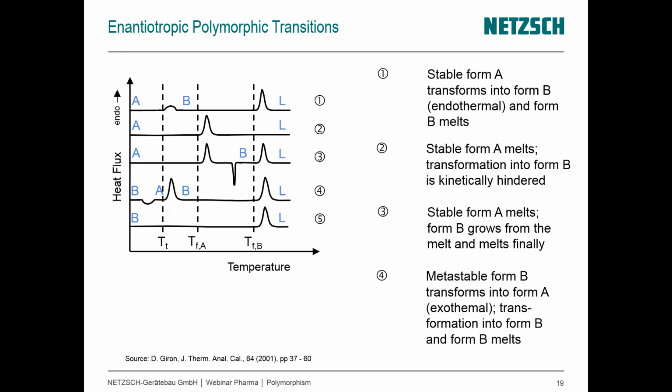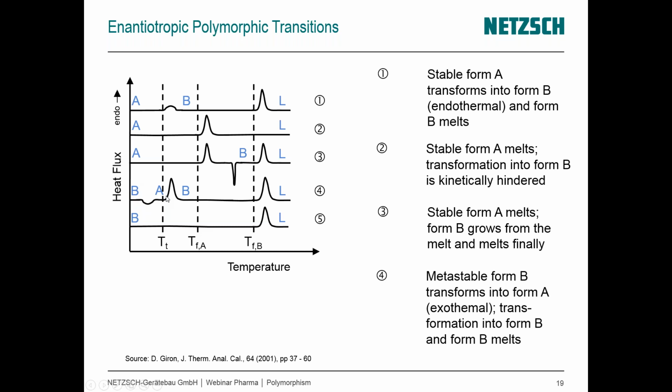If we look down to this fourth example, what we could have is a metastable form B that's transforming into form A. So metastable form B has a higher Gibbs free energy than that stable form A. So we're giving off heat to transition from B to A. But then A melts.